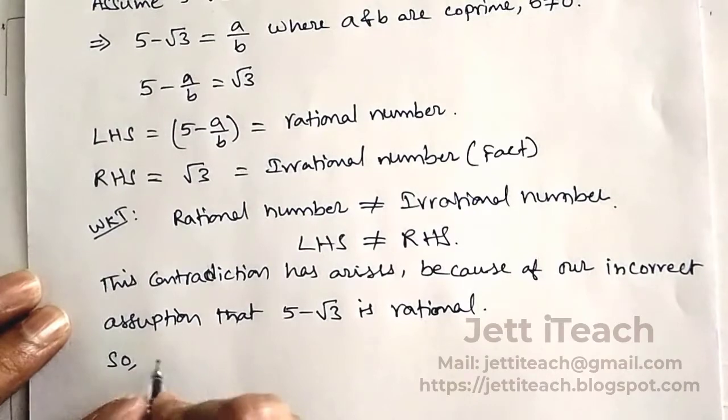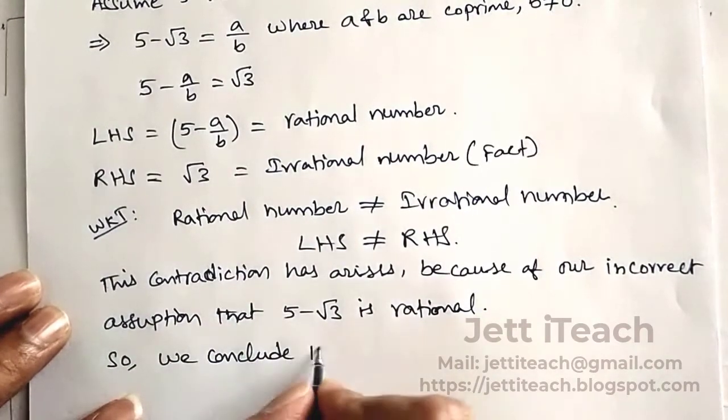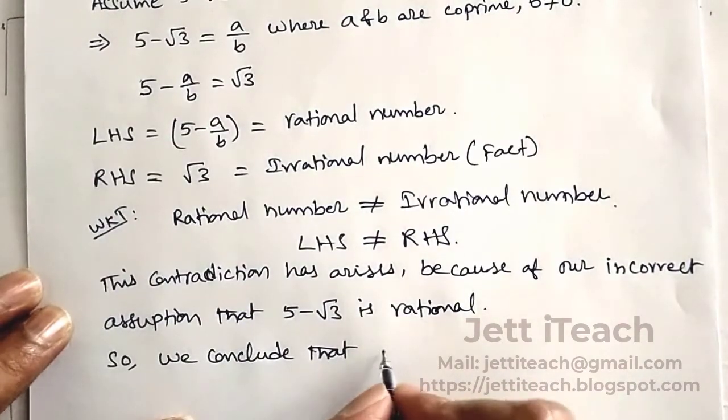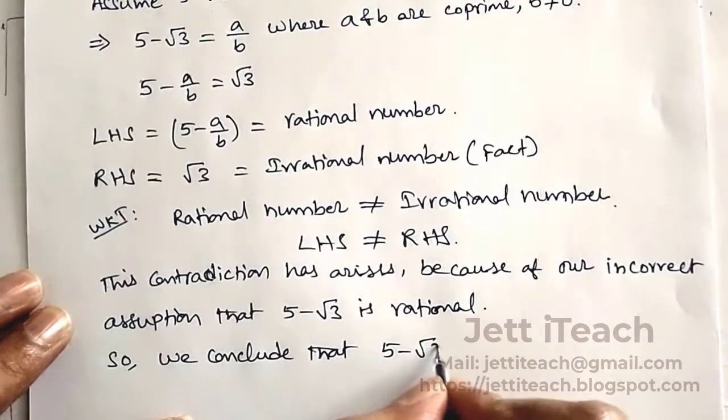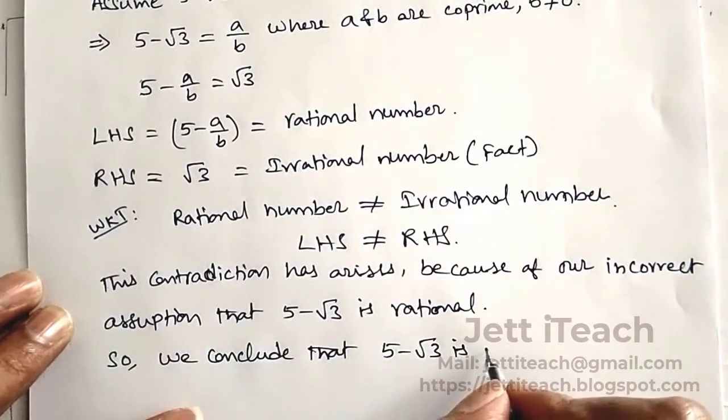So we conclude that phi minus root 3 is irrational.